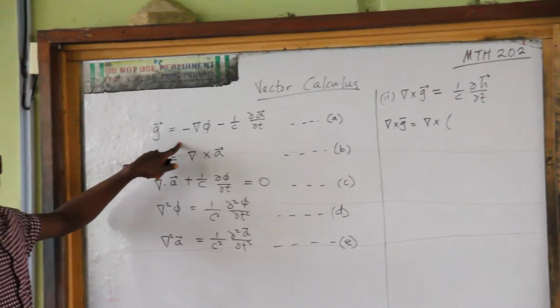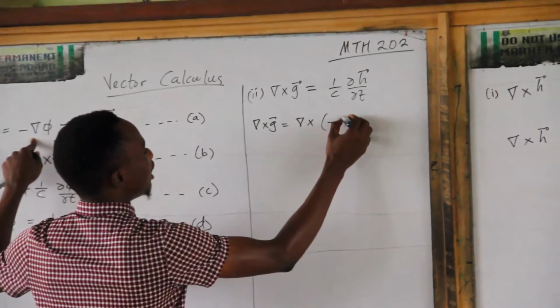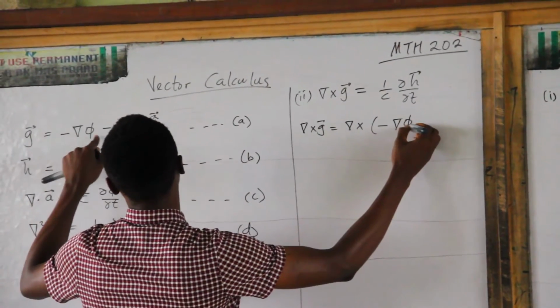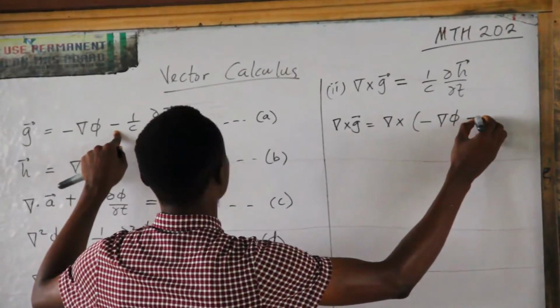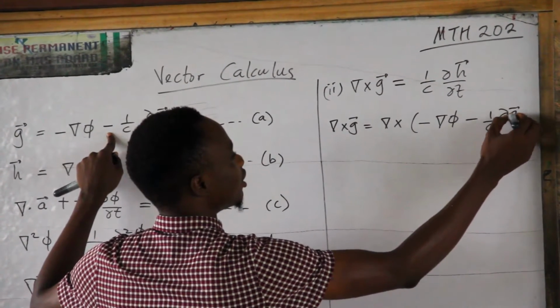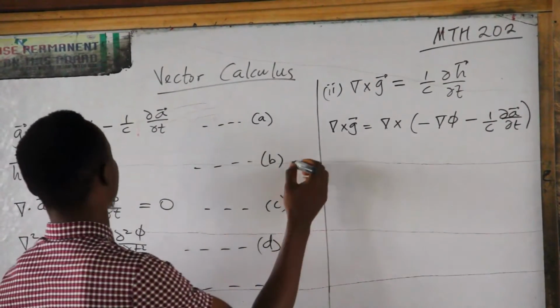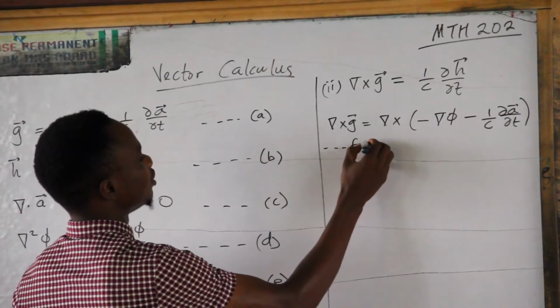G is defined this way. So I'm going to put this in for G: minus lambda phi minus 1 over c then a del t. Does that make sense? That's from equation A.